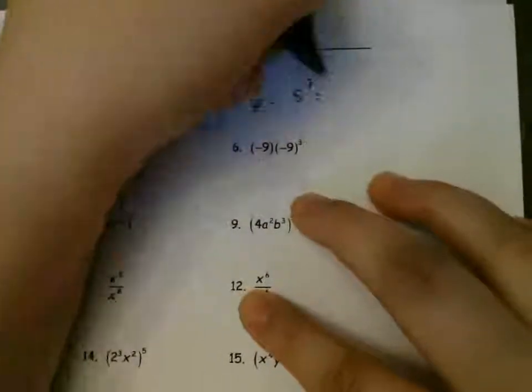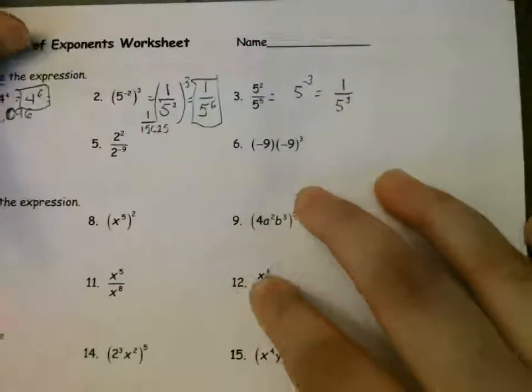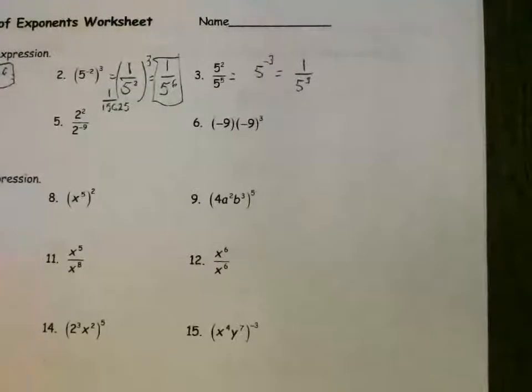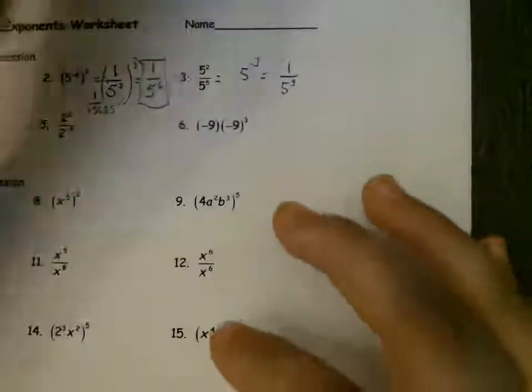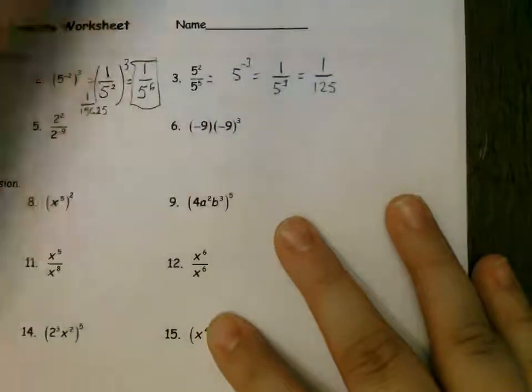In other words, 1 over 5 to the power of 3. All right, again, we're going back to understanding those integer rules. So we could go ahead and get this down to one number, 5 times 5 times 5, which would be 1 over 125.